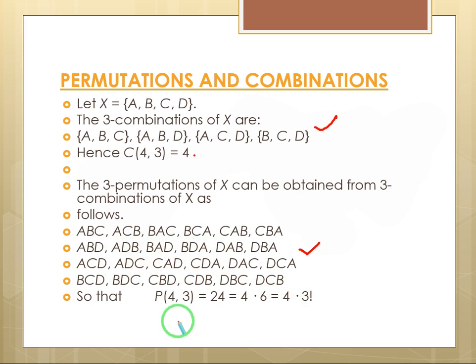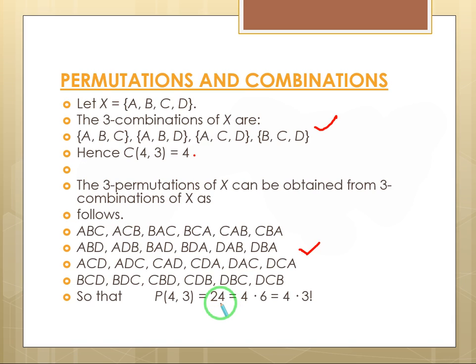So if you can see how many permutations are possible, we can say P, total number is 4, and how many selected? 3. The result is 24.